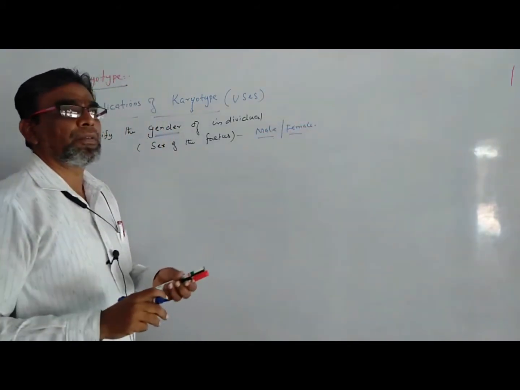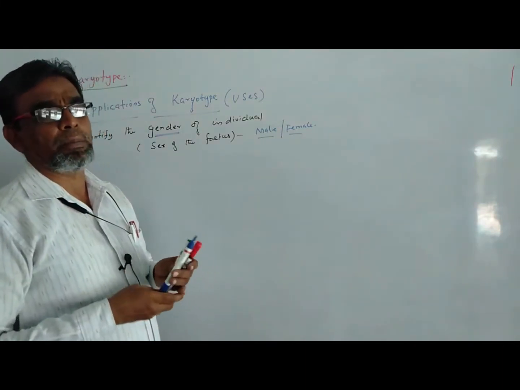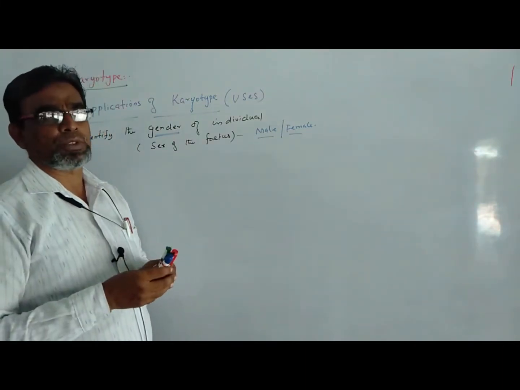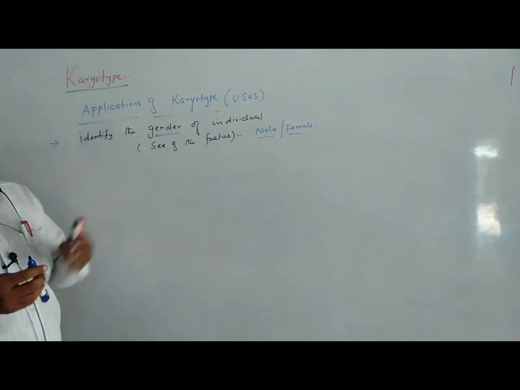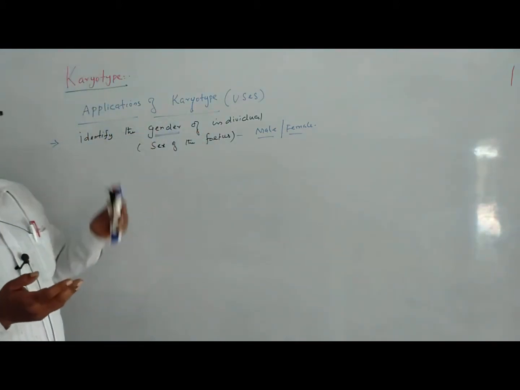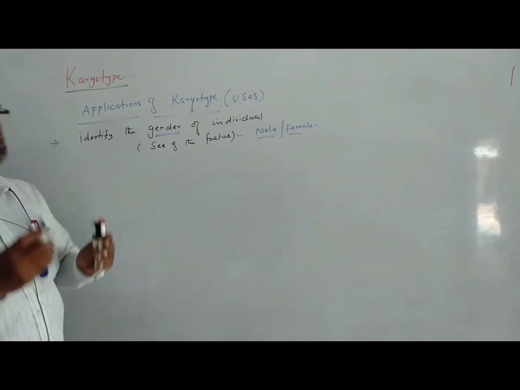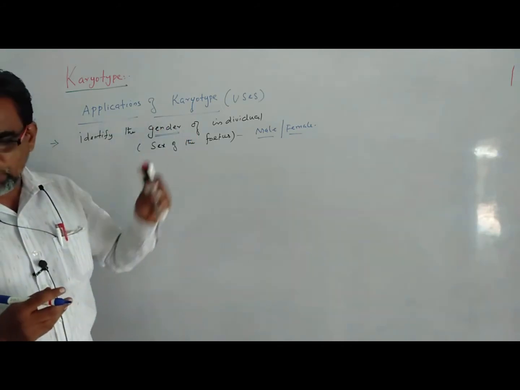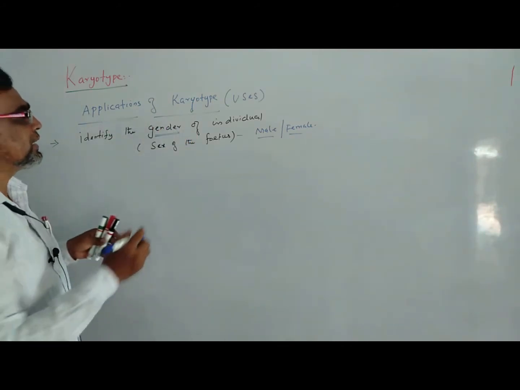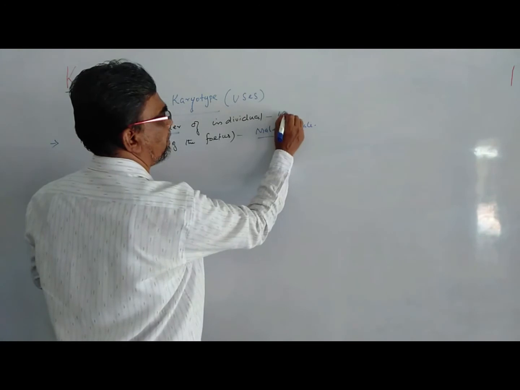We know that a female has two X chromosomes, a male has XY chromosomes. So if the Y chromosome is present, then it is a male. If Y is absent, then it is a female. So the first point: it helps in gender identification.